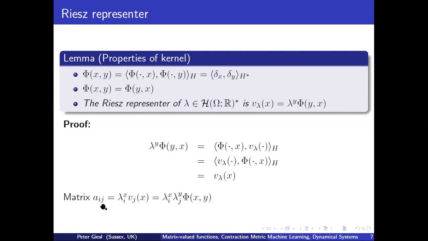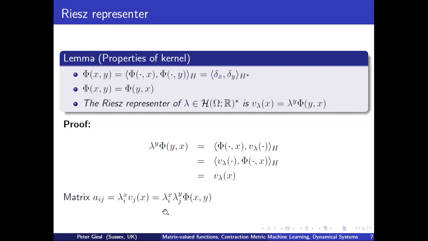So the matrix earlier that we wanted to compute, the A_ij, was lambda i applied to the Riesz representer v_j of x. I just put this x here, which means I apply lambda i with respect to x. At the moment, there's only one variable anyway, but you see that now, using this representation of the Riesz representer as lambda j with respect to the other variable y, and remember we can exchange these two here, we find this very nice formula for the matrix.